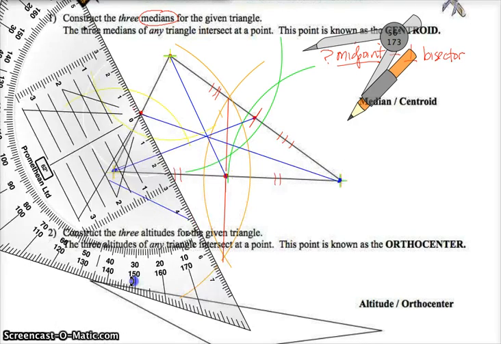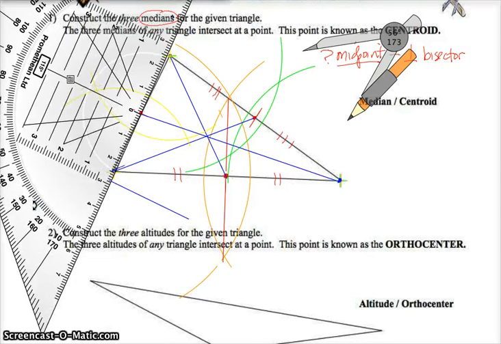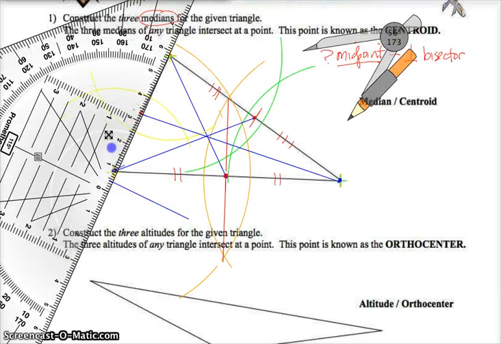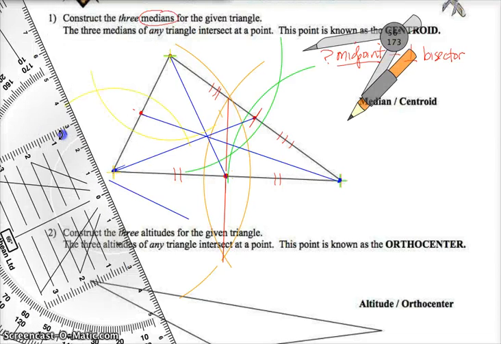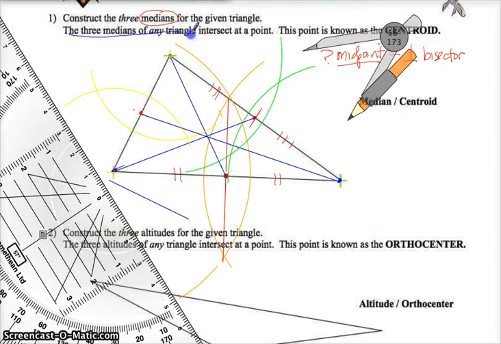So there we have it. My three medians are those blue lines. The three medians of any triangle intersect at a point. Oh yeah, my eye's pretty accurate, that works well.